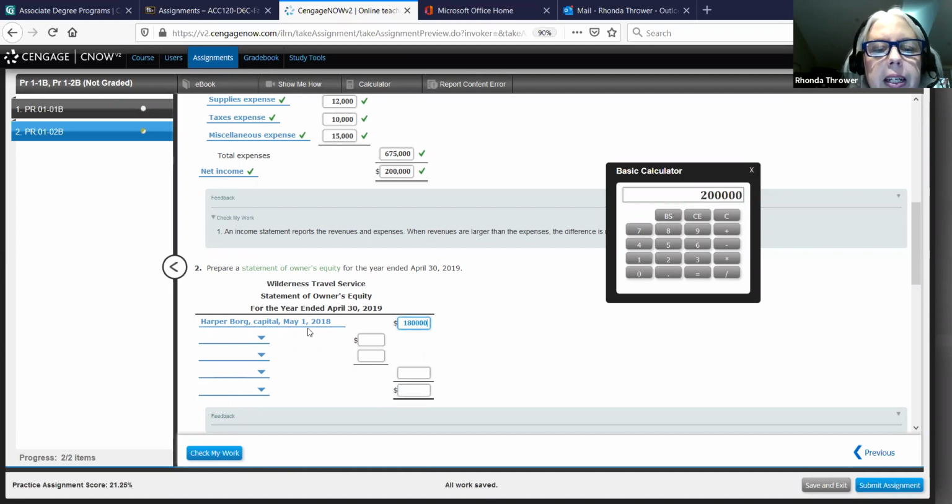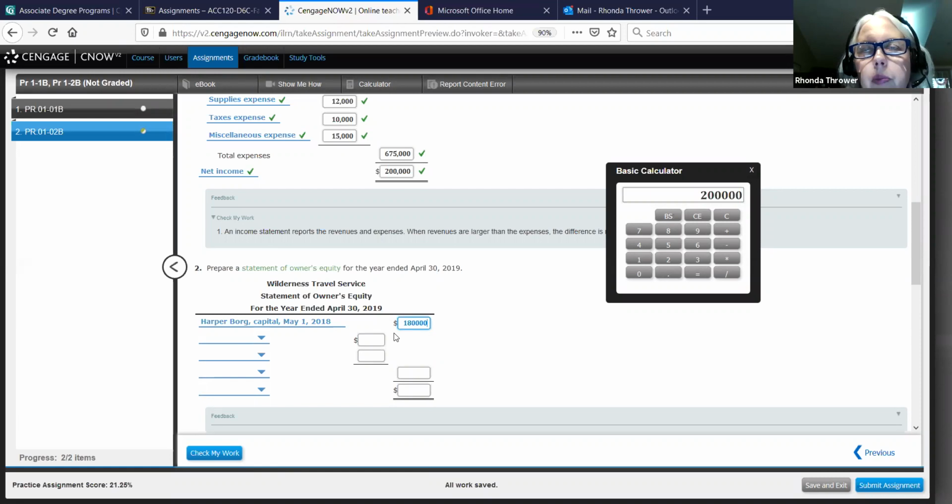Now, this beginning owner's equity really came from last year's ending owner's equity, or last year's ending capital, brought forward into this year as the beginning capital. Because when you start a business, you are assuming that you're going to be operating for a long period of time.